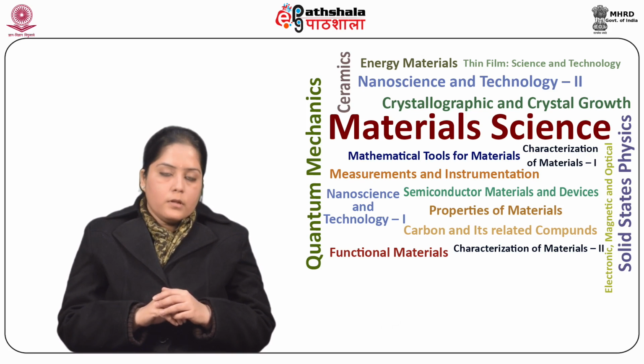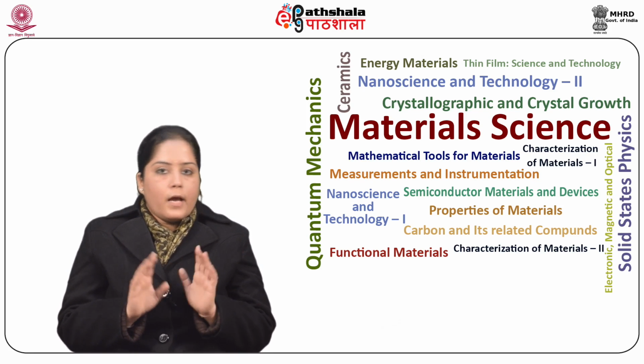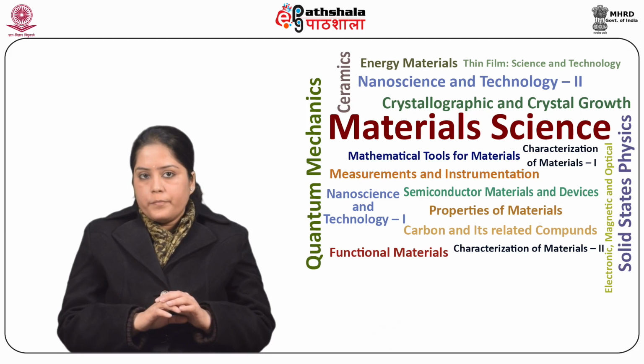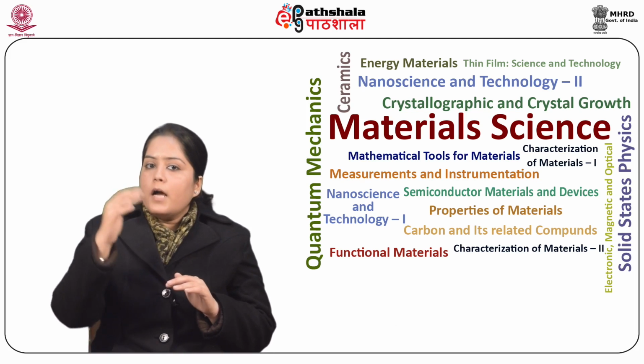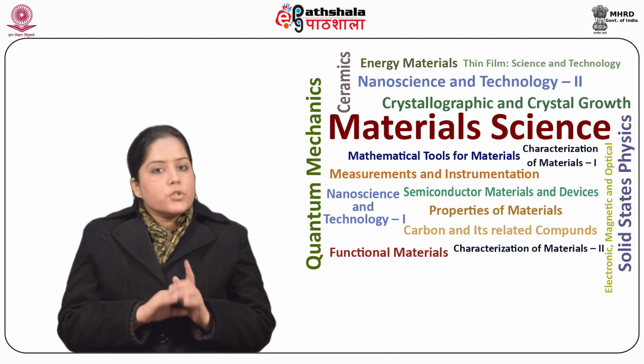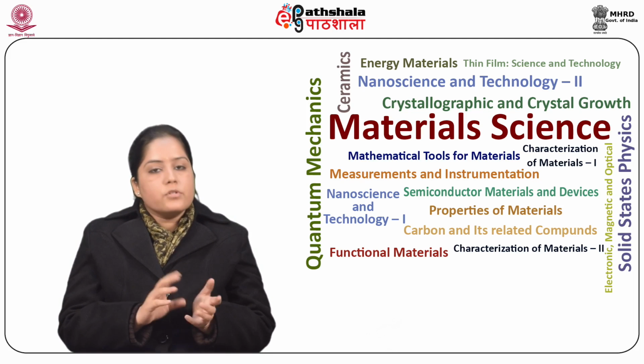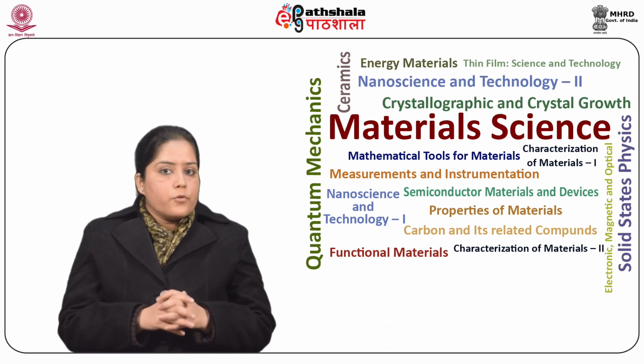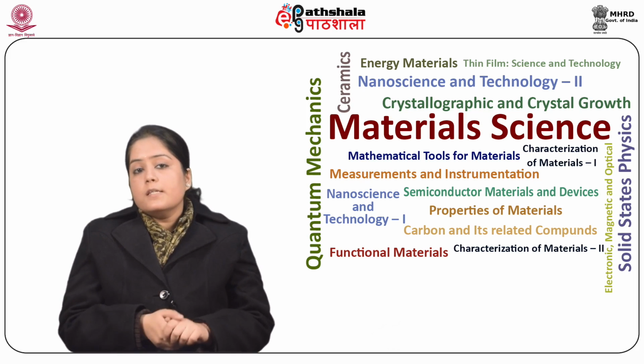For example, pure iron has a BCC structure, which at higher temperature, that is around 912 degrees Celsius, which is 1674 degrees Fahrenheit, changes to FCC iron.